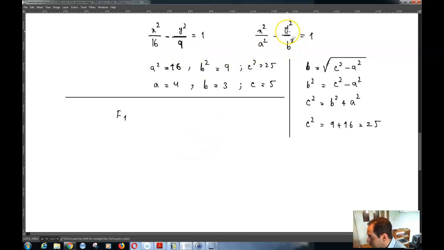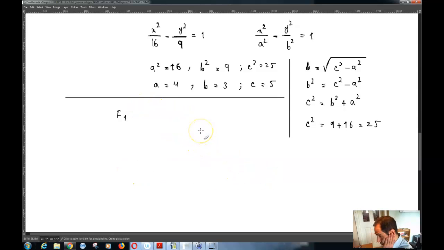But you also need to pay attention to whether the transverse axis is across the horizontal axis or across the vertical axis. If your equation is in this form, then your transverse axis is across the horizontal axis.